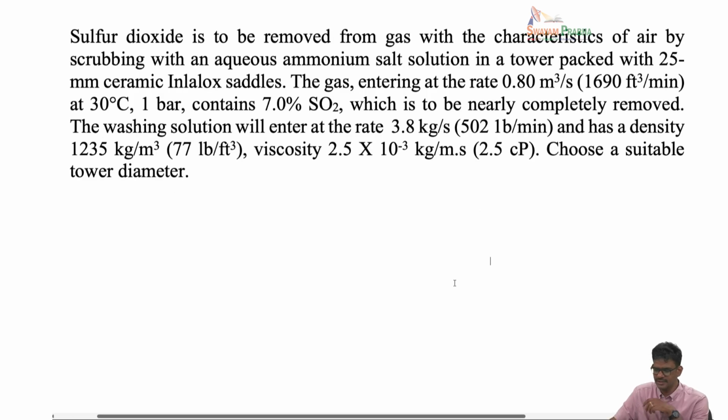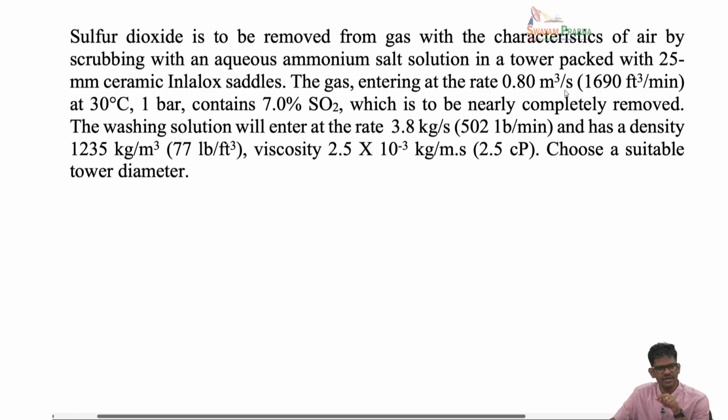You can see that this is basically sulfur dioxide to be removed from a gas with the characteristics of air, by scrubbing with an aqueous ammonium salt solution in a tower packed with 25 mm ceramic Intalox saddles. The gas enters at a flow rate of 0.8 meter cube per second.